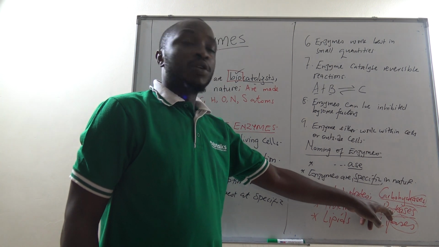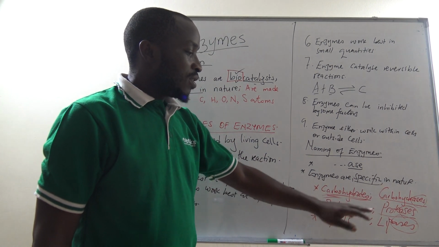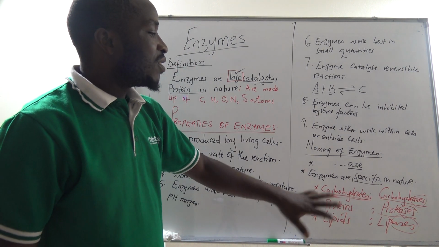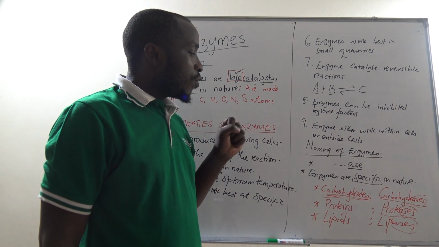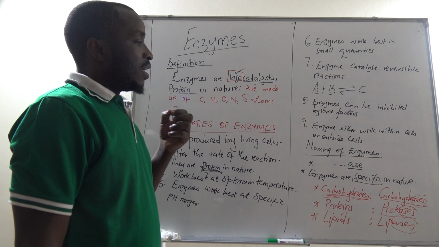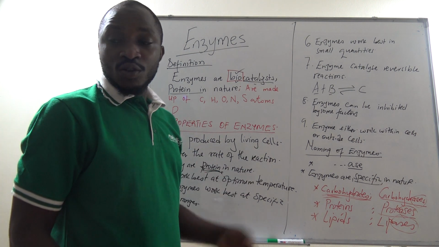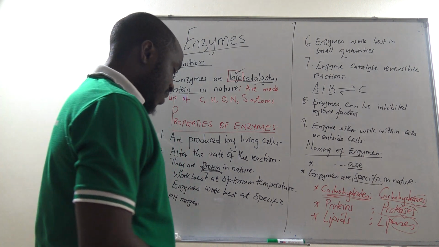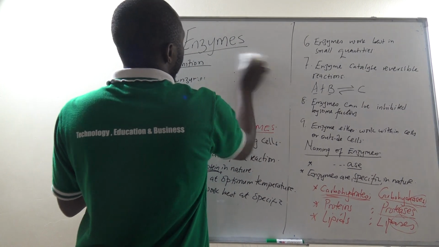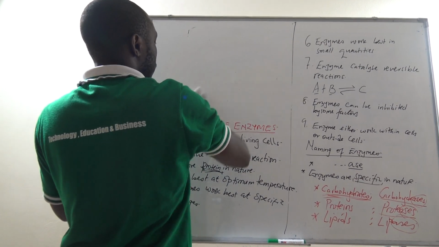Proteins, proteases, it means it works on that. Lipids, lipases. So to generalize, enzymes are named like that, but some exceptions are there when the substrate being worked on by the enzyme does not resemble the name. A few exceptions.